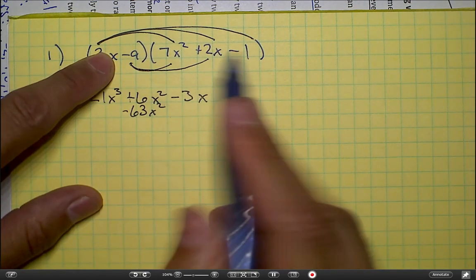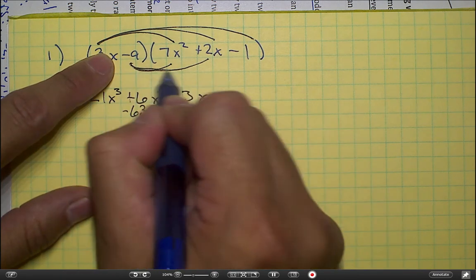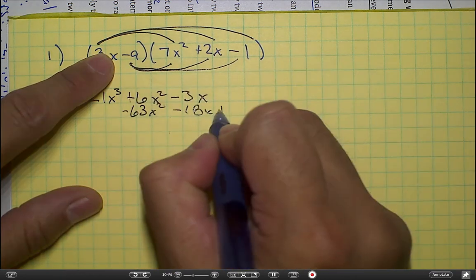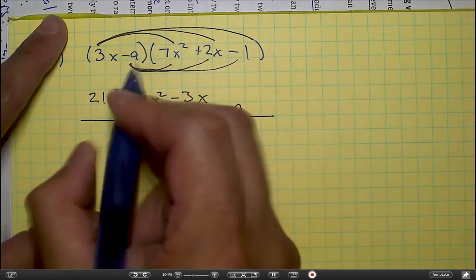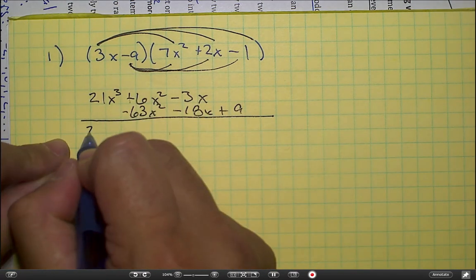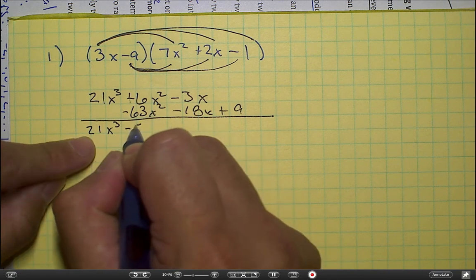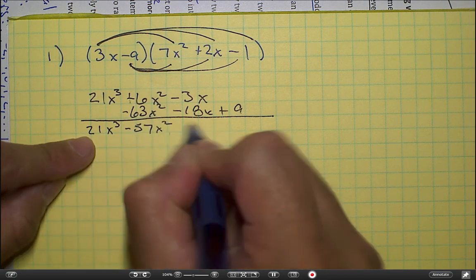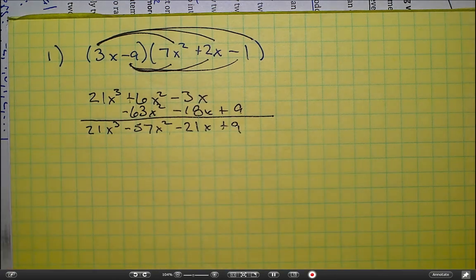Minus 18x. Plus 9. And we should come up with 21x cubed minus 57x squared minus 21x plus 9. This was our stacking method.